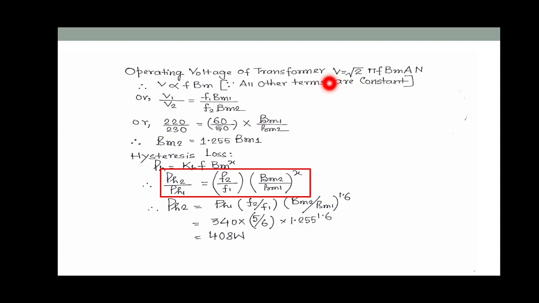Now this is the operating voltage of the transformer. This is a very well known equation. So from this, since other terms are constant here, the voltage is directly proportional to the multiplication of frequency and peak value of flux density. From this and from the given data, we can find out the relationship between the peak values of flux densities in the two stated cases.